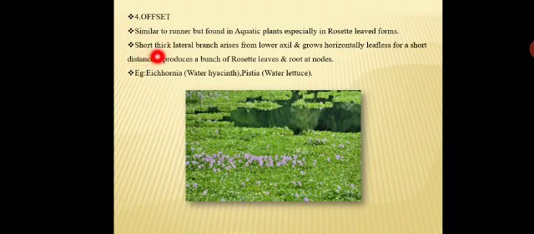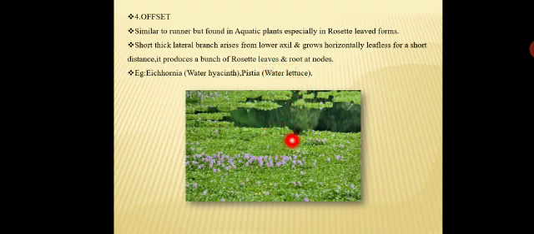The offsets look like short thickened lateral branches arising from the lower axil and growing horizontally, leafless for a short distance. They produce a bunch of rosette leaves and roots at the nodes. Here the offset contains short, thick lateral branches that grow horizontally and are leafless for a short distance, and produce a bunch of rosette-like leaves.